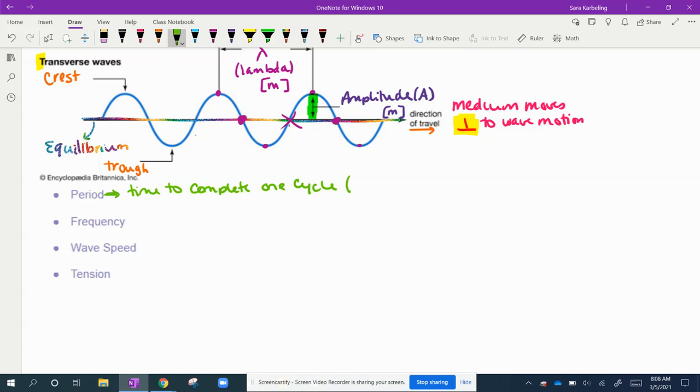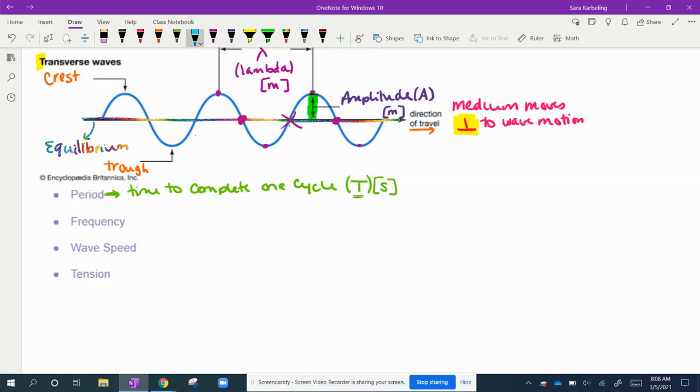The variable we use is a capital T, which might seem a little bit funny, but we use capital P for power, small p for momentum, so we needed something different. The nice thing about it being marked as T is that it helps us remember that it is a time, and the units are seconds.